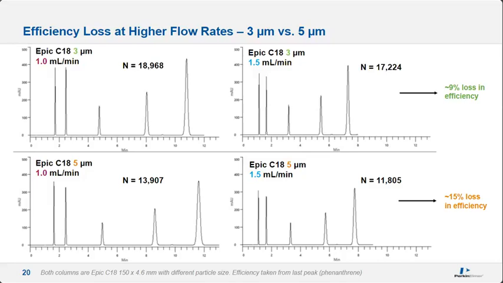However, if we perform the same separation utilizing the 5-micron column, we have a loss of 15% as we go from a 1 milliliter per minute flow rate to a 1.5 milliliter per minute flow rate.